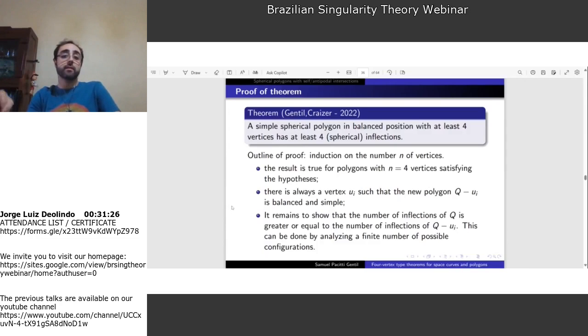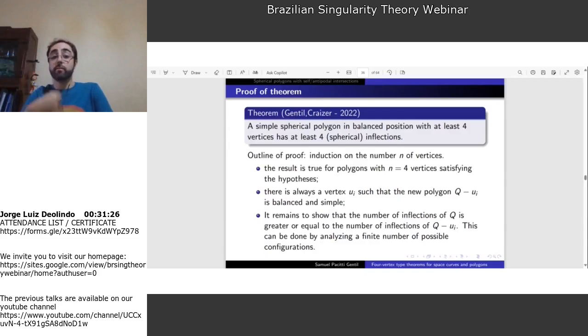Then we want to compare the number of inflections of the original polygon with the number of inflections of this new polygon. We want to show that this number is greater or equal to this one here. This can be done, and this is one of the advantages of working in the discrete scenario.